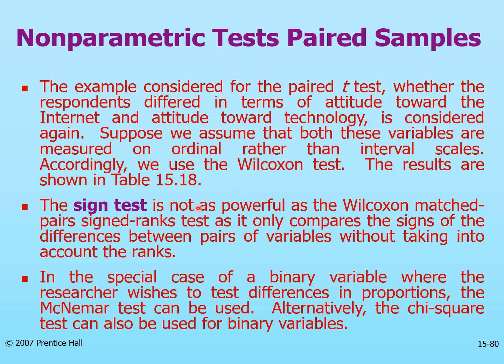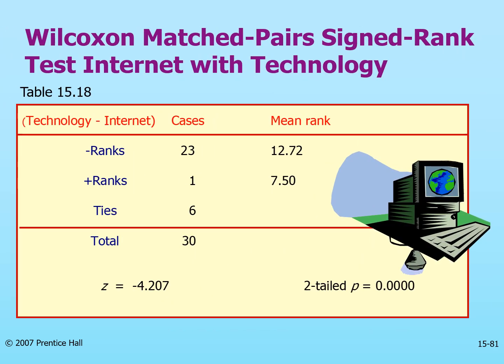In the special case of a binary variable where the researcher wishes to test the difference in proportion, the McNemar test can be used, or alternatively, chi-square can be used.